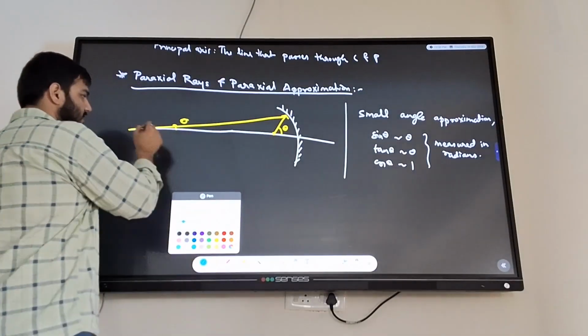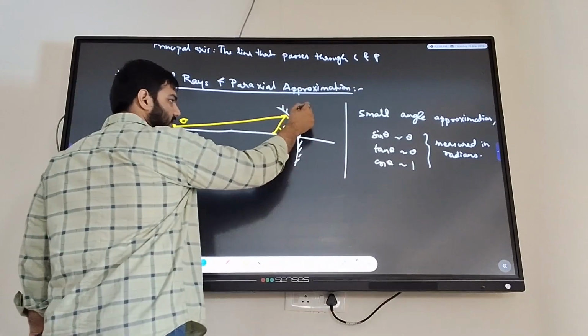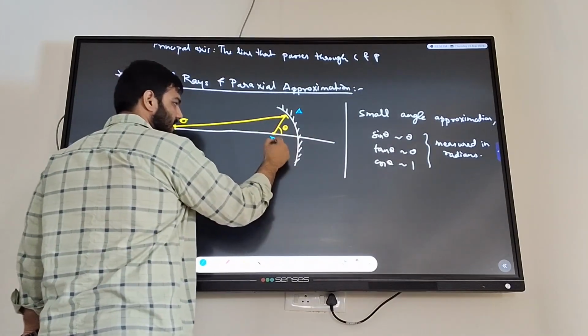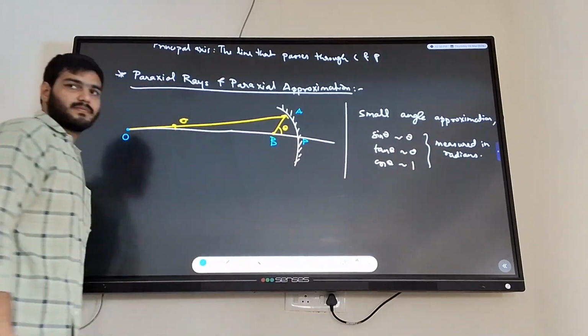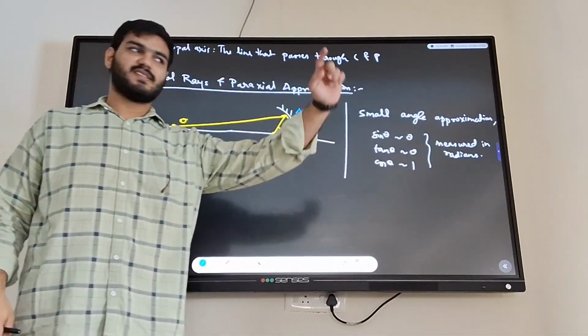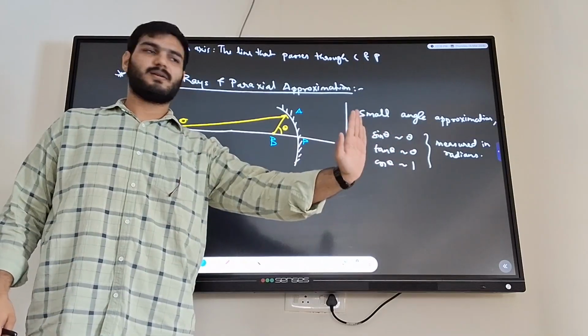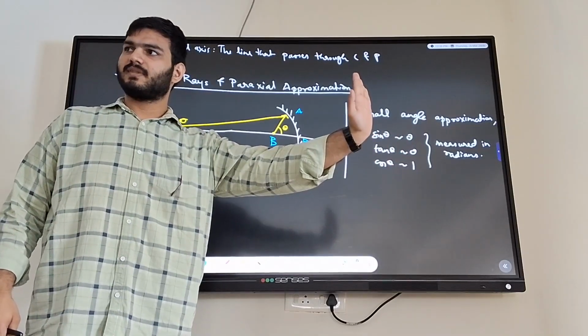Let's say the object is here. Let's say this is object A. This is point A, this is B, and this is P. If I am too far away from this curve, then this curve will look as good as a plane to me. Yes or no?